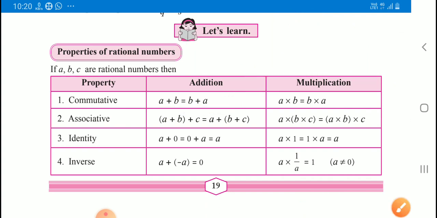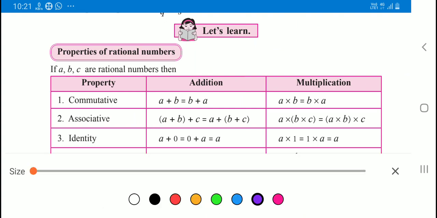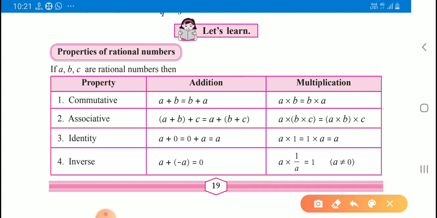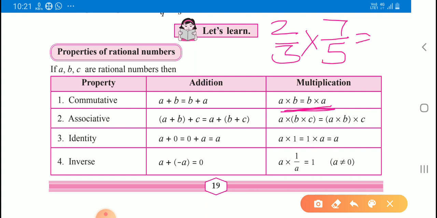Now next we will see the multiplicative property, commutative only. In addition, a plus b is equal to b plus a. Now we will see multiplication, that is a into b is equal to b into a. Suppose I take a as 2 upon 3 and b as 7 upon 5, is equal to 7 upon 5 into 2 upon 3.